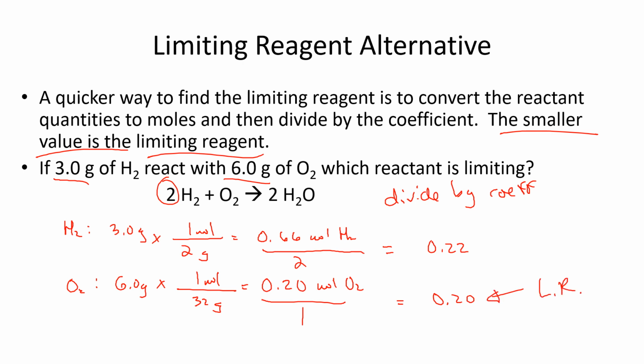Now, this is great. You know which one's the limiting reagent. You can now use that value to work out any stoichiometry you need to do from there. But there is a trap in that some students will use this divided value rather than the mole value, and it can cause problems. No problem with this one because the divided value is the same as the actual number of moles, and that was our limiting reagent.